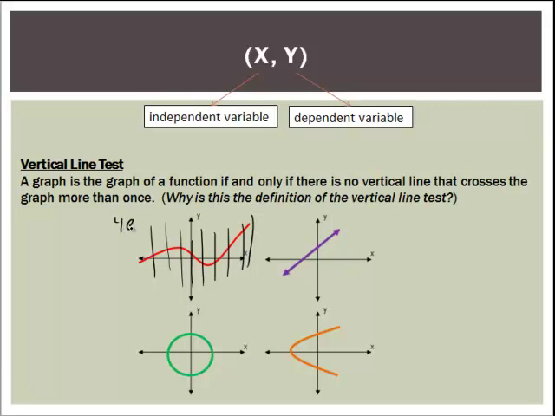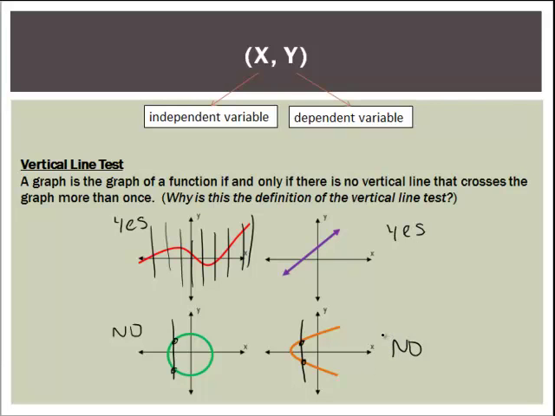So this one is a function. How about this one? Vertical line test. Yes, it's a function. How about this one? You can just draw one and see that it touches it in two places. This is not a function. This one? Again, draw one line. You can see it touches it in more than one place. This is not a function.